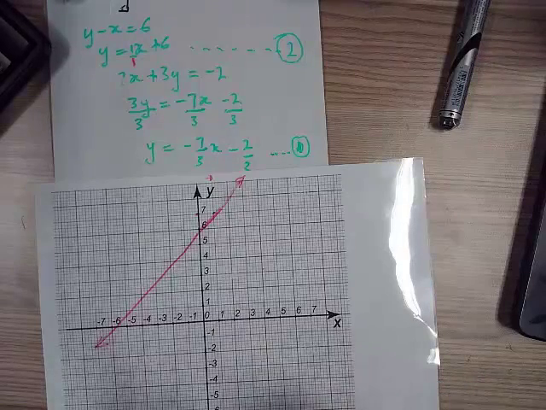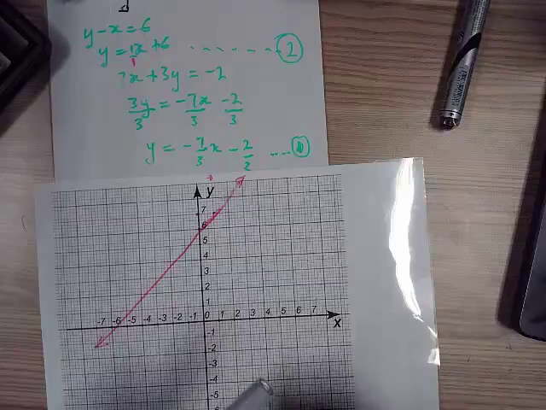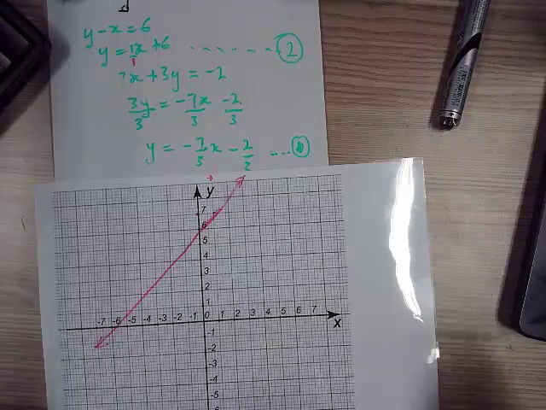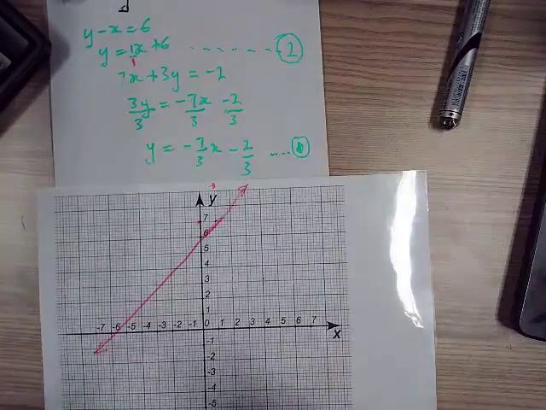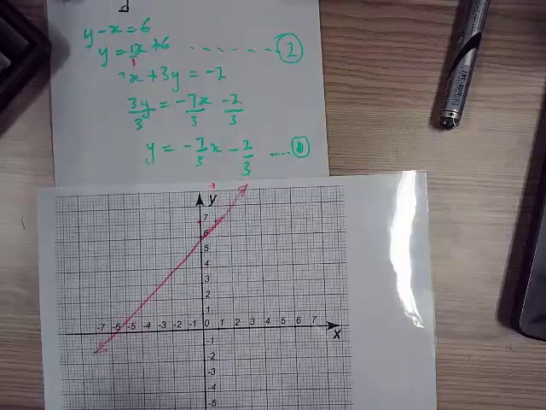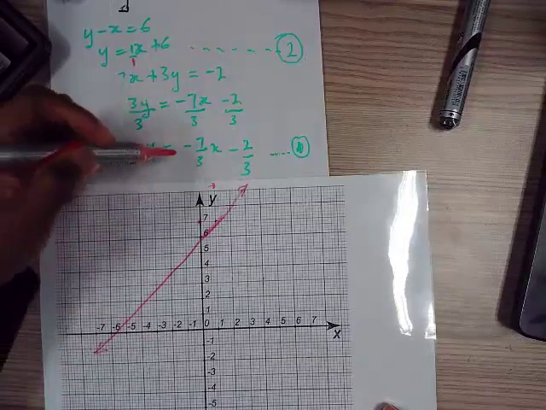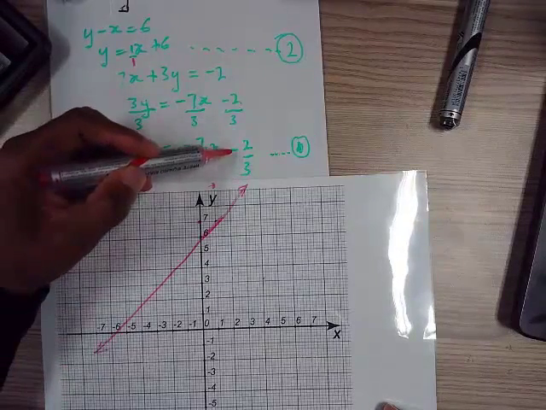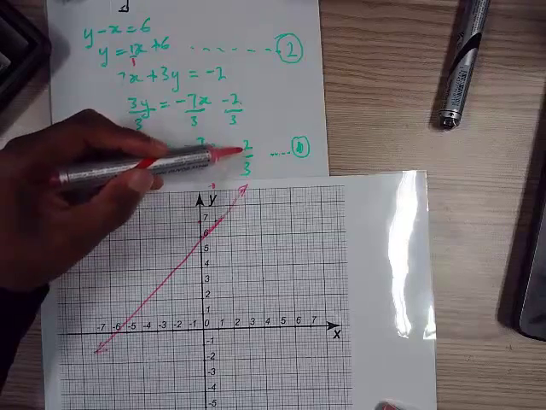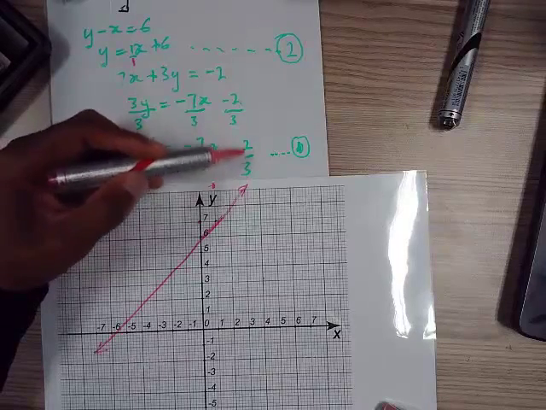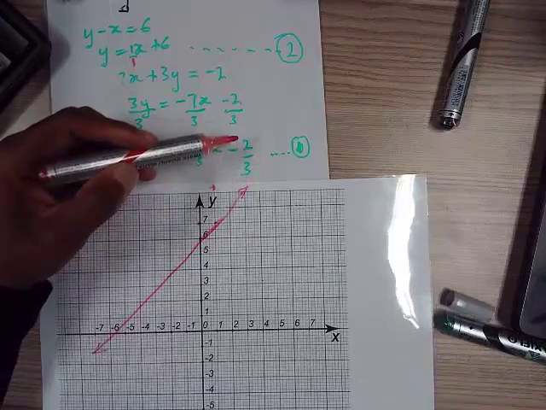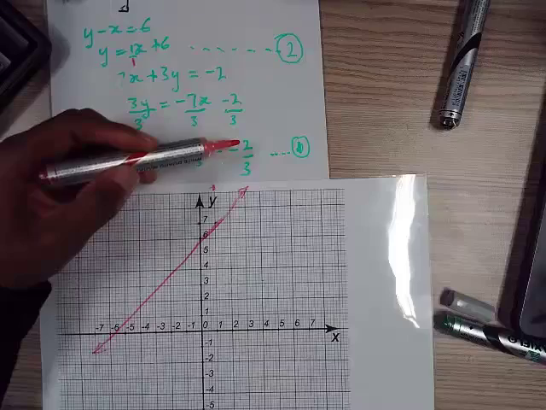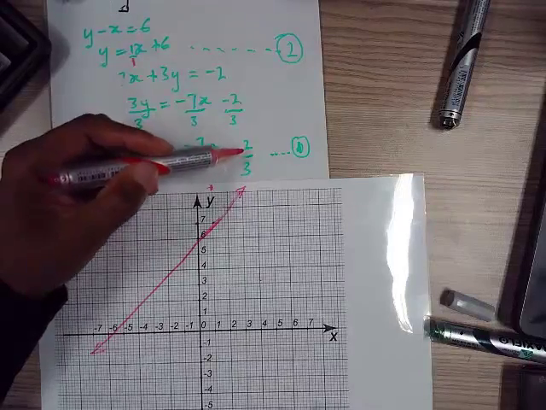So now with equation 1, you start from the negative number. This is 0. So this is minus 0.67.